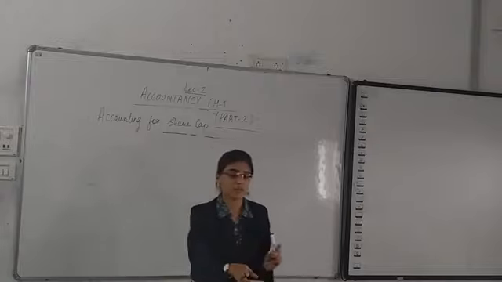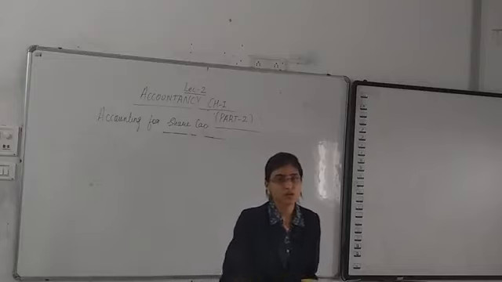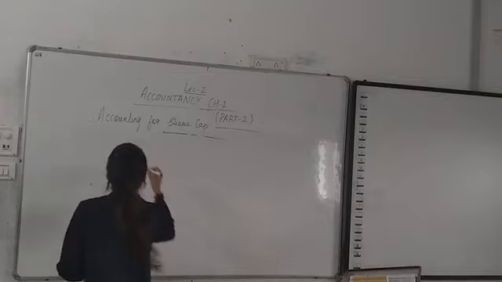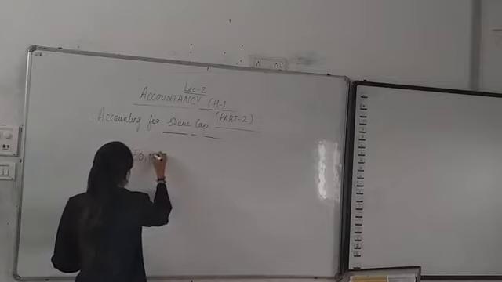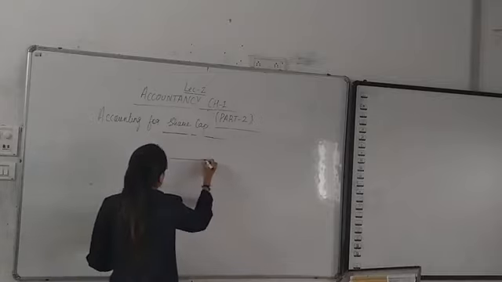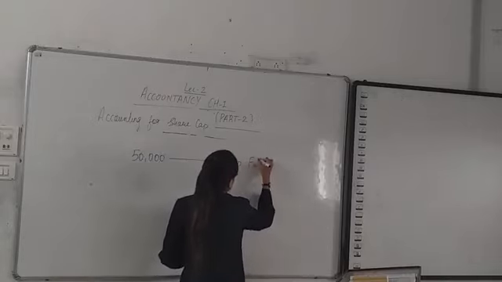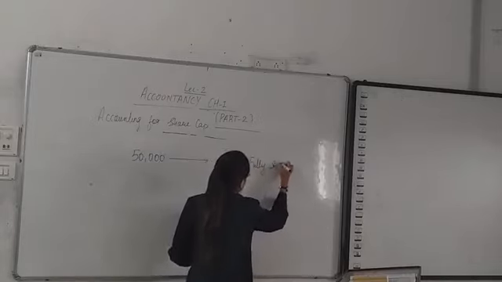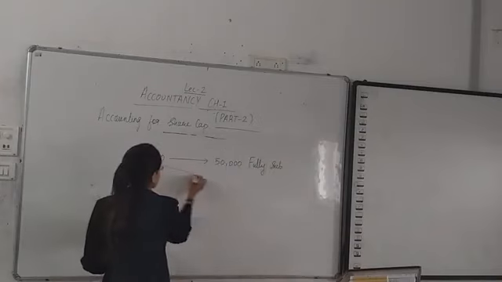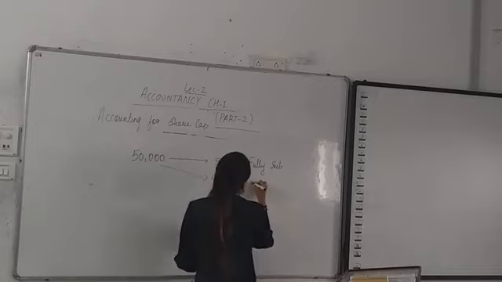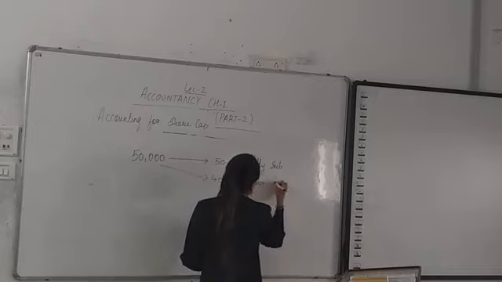Say for example, a company has issued 50,000 shares. If the applications are received for 50,000, it is fully subscribed. If the applications are received for 40,000, it is undersubscription.